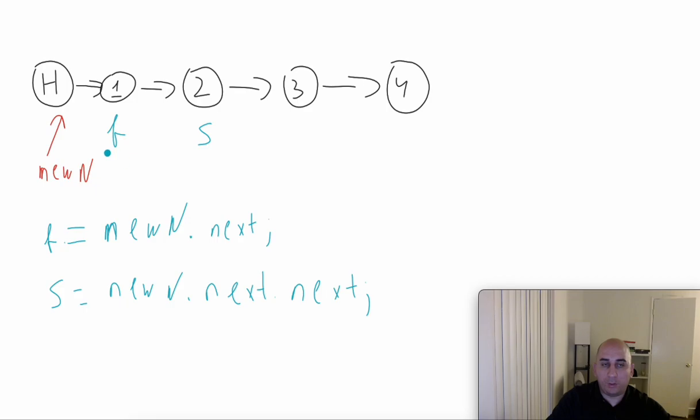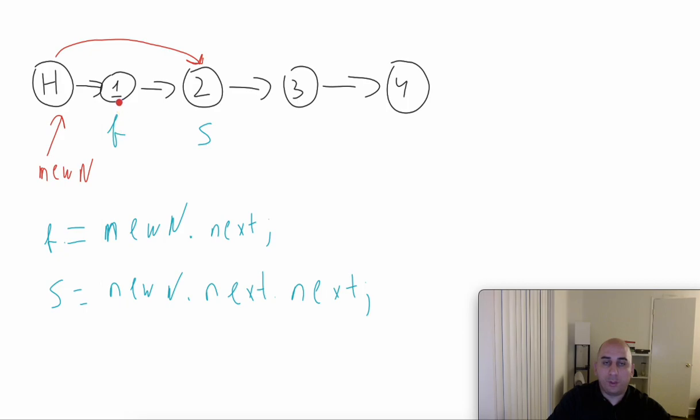So what do we need to do here? We are swapping these two nodes. First, our helper node should point to the second. Then how about the first node?